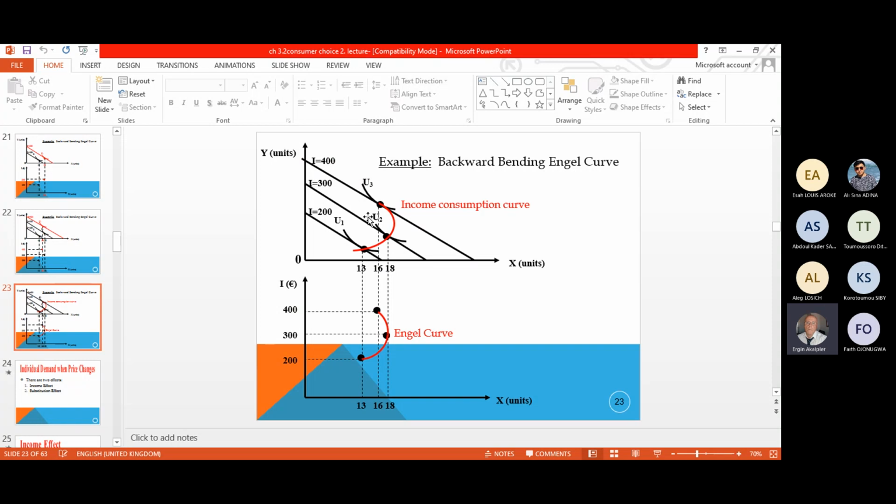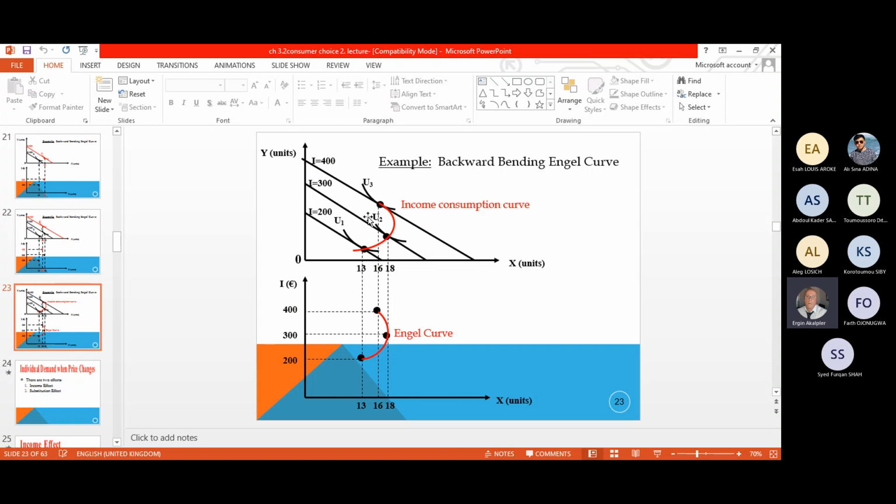As it is indicated here, the income is enlarged, and the consumption of Y is somehow enlarged, but the X is probably expected to be reduced from this point of view. And as you see, the X goes from 13 to 18, then it goes to 16. And similarly for the Y, it is expected to see the same reduction if this happens.